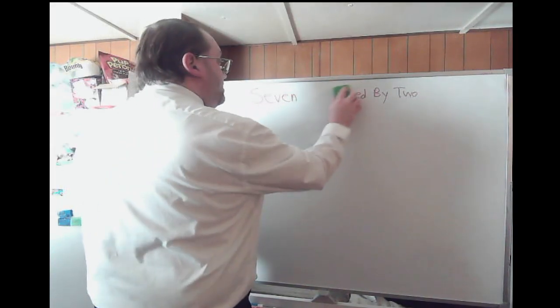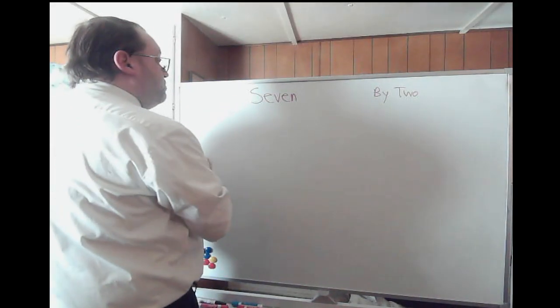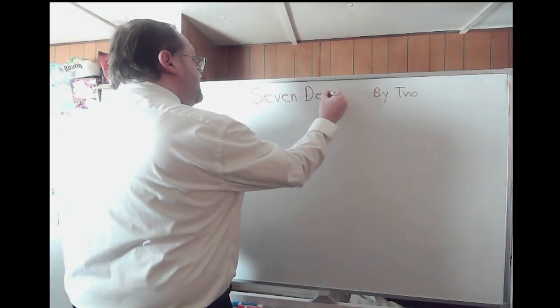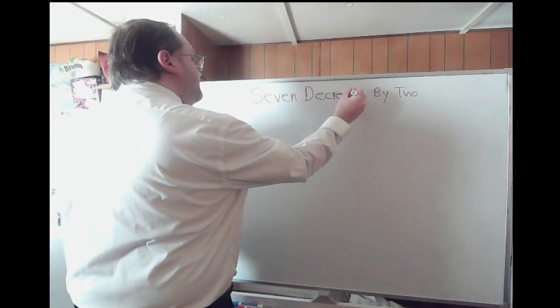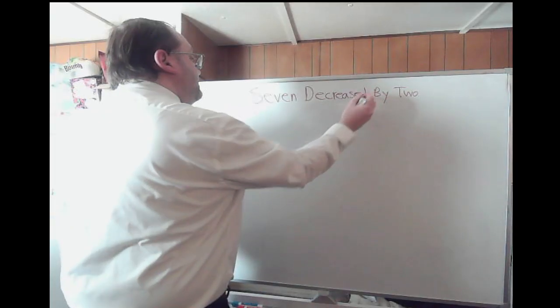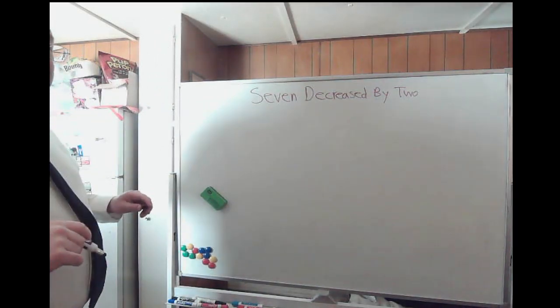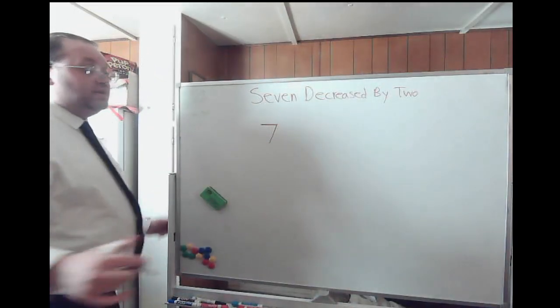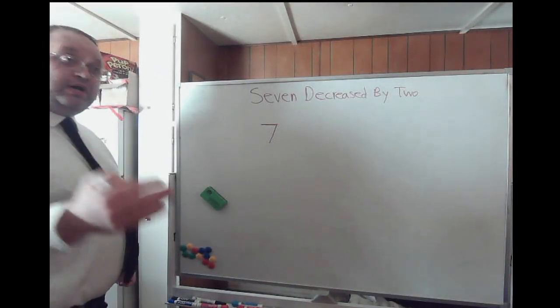Now let me change one word here. Let's say we have 7 decreased by 2. So of course you'll start with your first number, 7. But decrease, of course, you're taking away, you're subtracting.